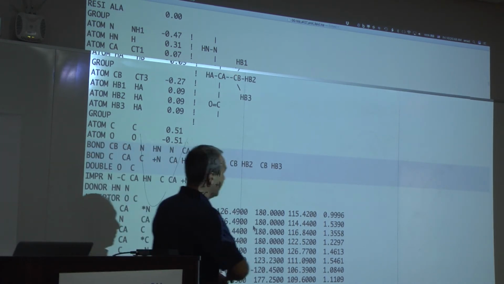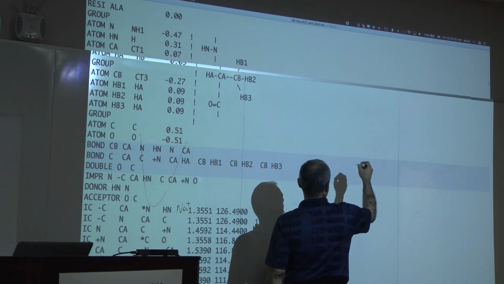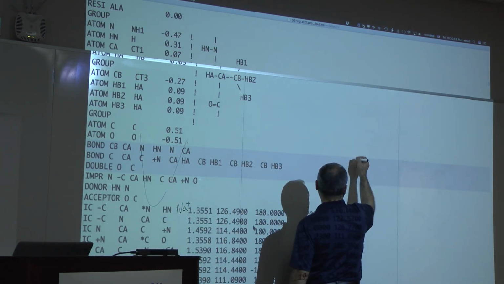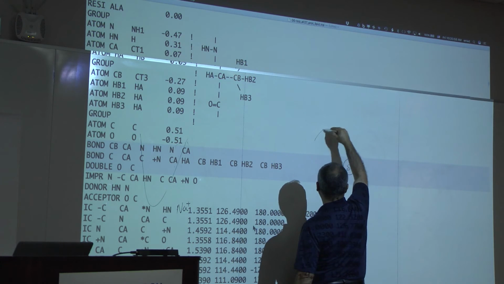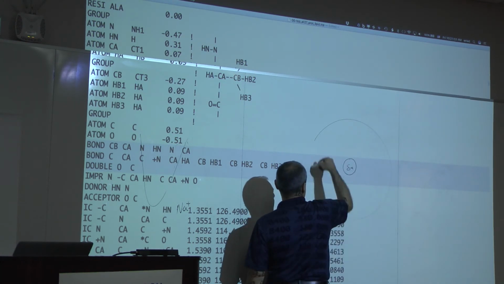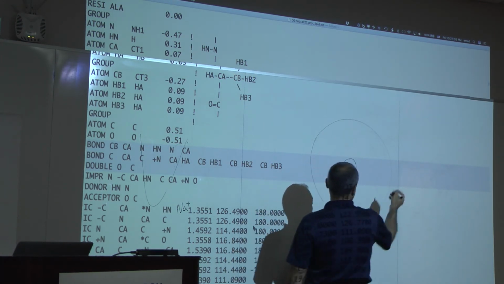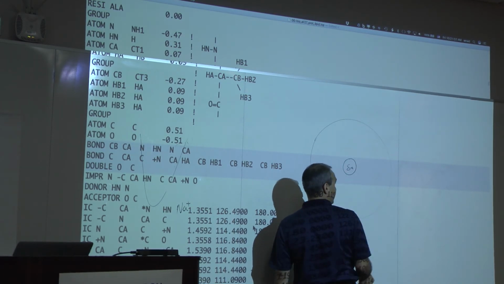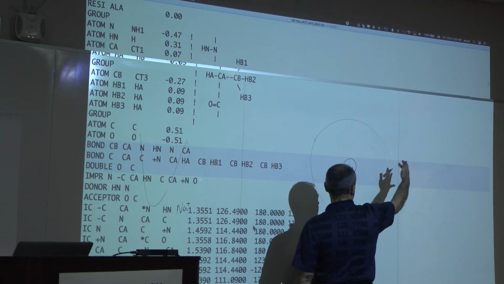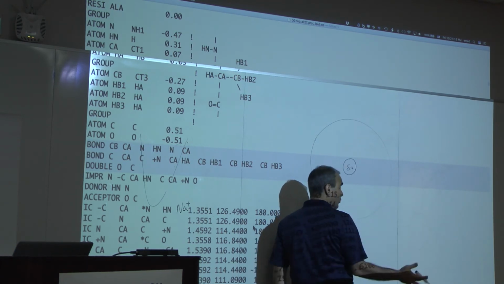You just cut it off at some point. But if you do this for charge interaction, let's say you have a center here with a positive charge, and then I define a cutoff. Every atom that is included in the cutoff distance will interact, and I calculate the electrostatic interactions. Every atom that is outside the cutoff will be excluded.